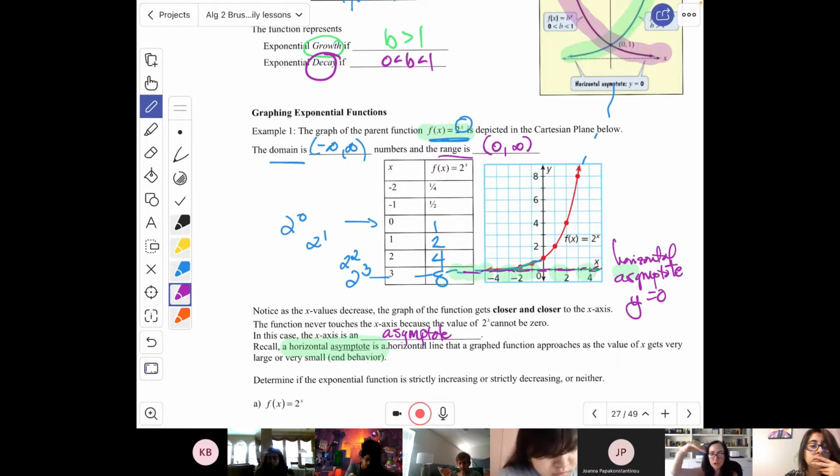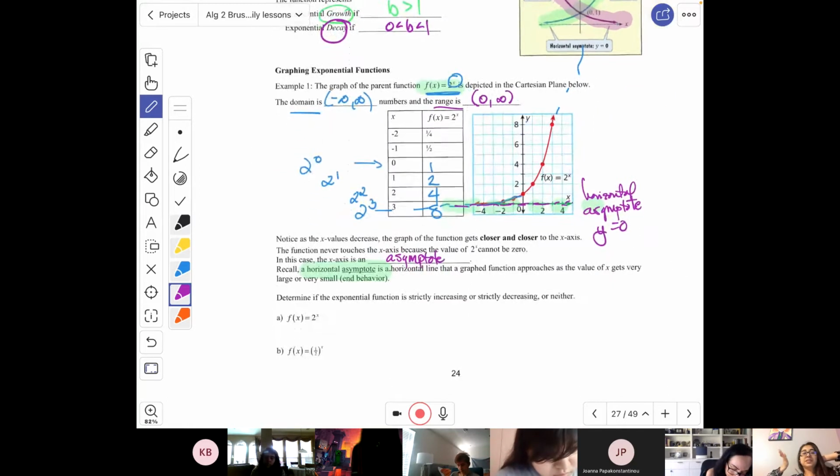So exponential functions, those y values get tinier and tinier, but they never become 0. 2 to no power ever equals 0. So our curve gets closer and closer as we go to negative infinity, as our x values get teeny and tiny, but we never cross it. So that's an asymptote. Very good.